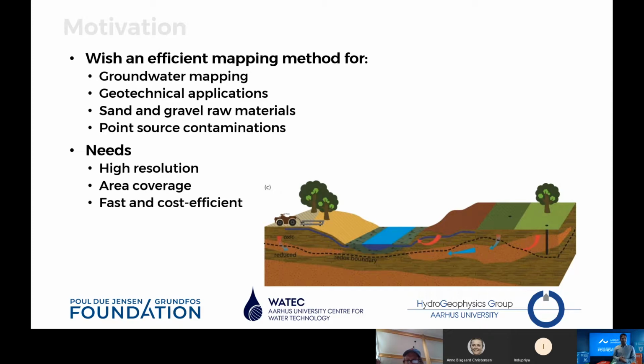What we need here is a high resolution mapping, something that can map a few tens of meters down to 100 or 150 meters in the target where we're looking for groundwater extraction. Then we want a system that can also cover a large area in no time, which means it should be fast enough. And then we want a system that is not too expensive, so cost efficient, so it can be deployed easily in developing countries as well.